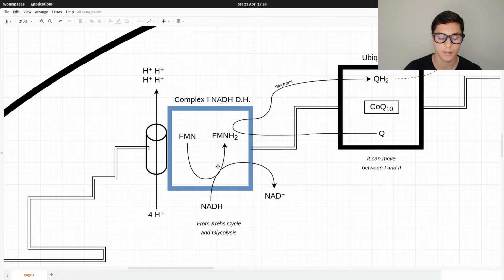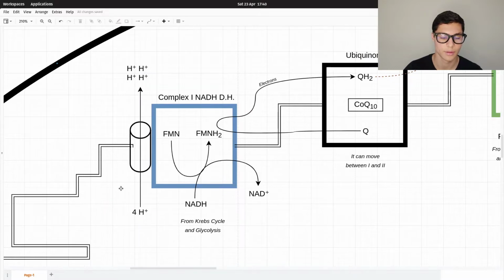So it's basically getting those electrons and giving them to the flavin mononucleotide. In the process, 4 protons are sent out from the matrix to the internal space.